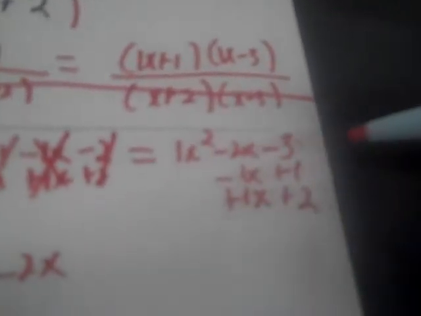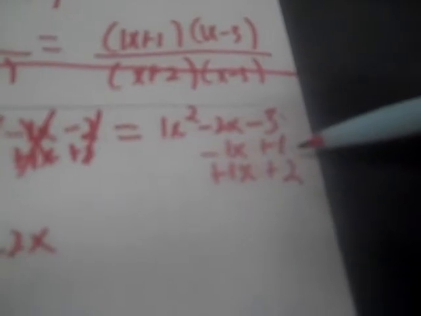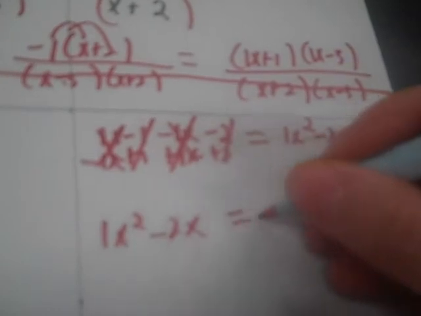Now, I know I've got 1x to the second. Then I take negative 2 minus 1, which is negative 3. But when I add 1, I'm back to negative 2x. Negative 3 plus 1 is negative 2. Plus 2, though, is 0. So I'm not going to have anything there. It's just going to go to equals 0.